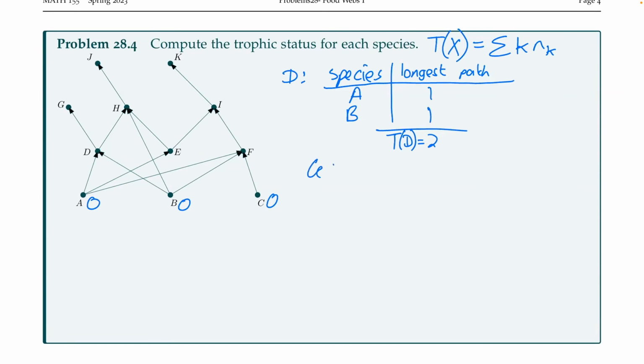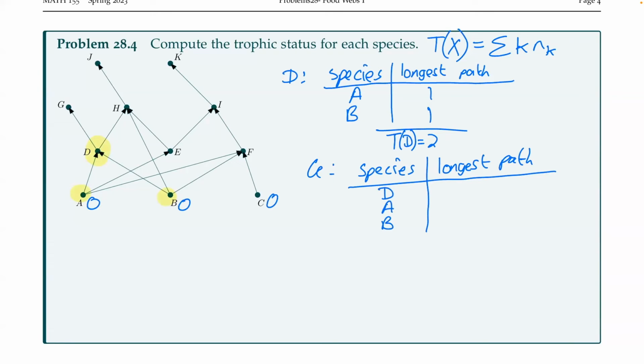Okay, let's try this first. Species G. Again, we can just put it in a table. So you want anything that has a path into species G. So what has a path into species G? Well, D obviously does, because it goes straight into G. And then anything that D eats, so that's A and B. So D, A, and B. I find it's easier to work through the things that are closest and then work your way back.